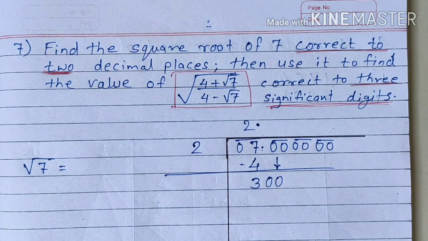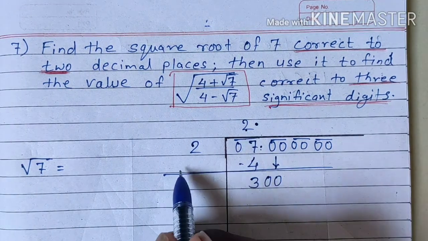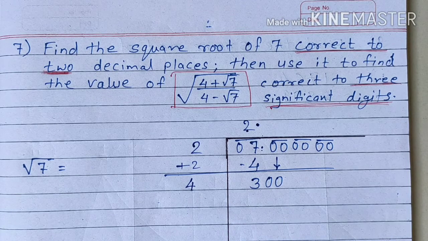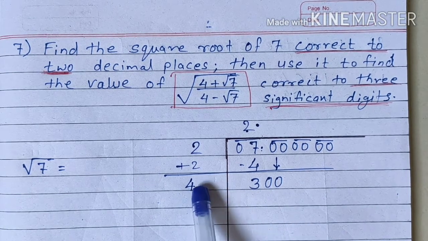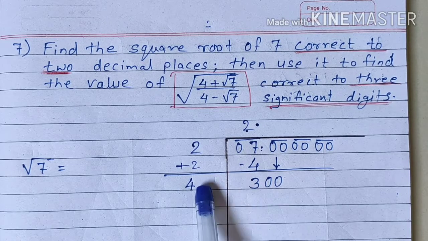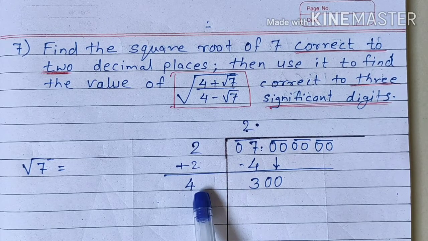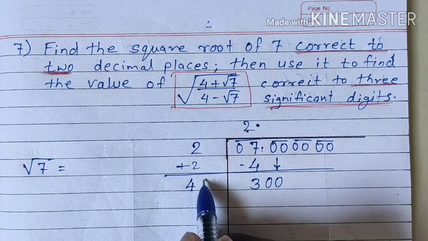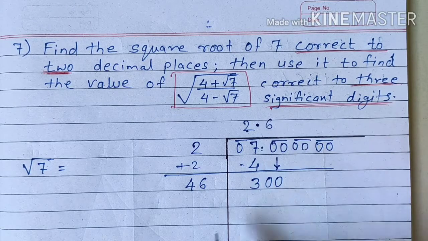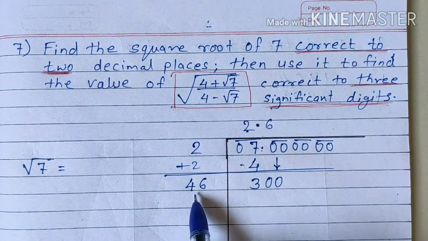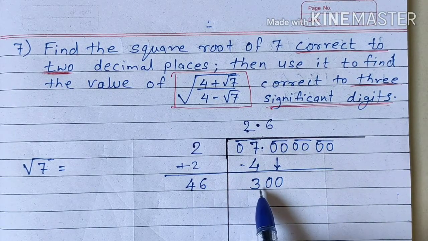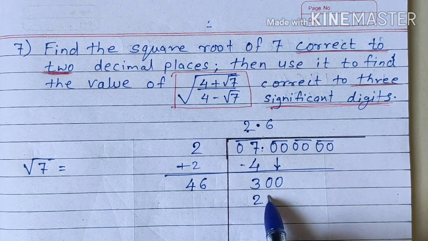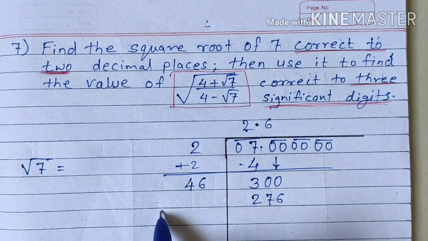It becomes 300. Now here 2 plus 2, what are we getting? 4. Now with this 4 we have to put such a number that, by multiplying with the same number, we must get a number less than 300. So we put 6, and when we multiply 46 by 6, we get 276.